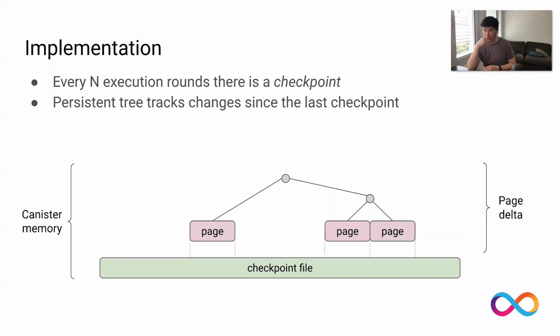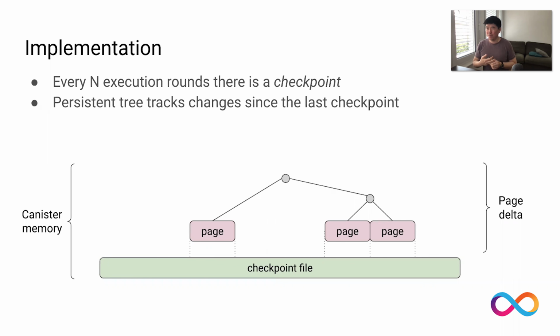Okay, so the implementation of the canister memory consists of two parts. The first is the actual file where the memory is stored, and on top of it there is this persistent tree that keeps track of all modifications. The time window for keeping track of modifications is between checkpoints, every n execution rounds, where n depends on the subnet.